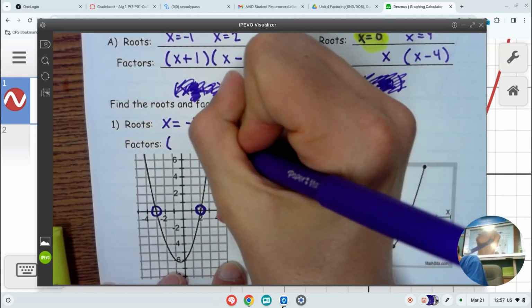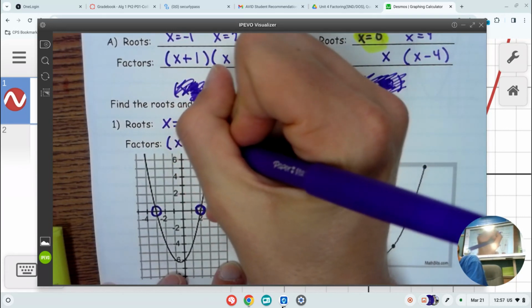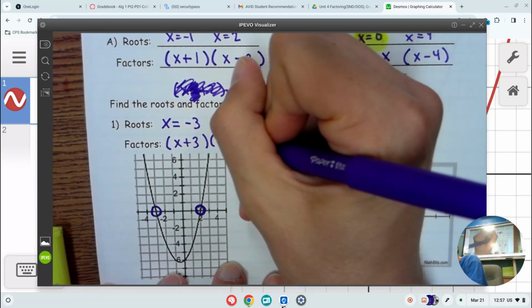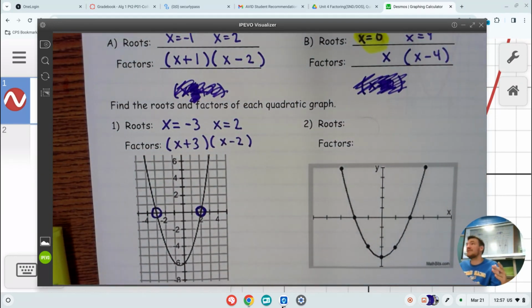Parentheses instead of equal signs, and a -3 changes to a +3, and a positive 2 changes to a -2. And that whole question literally takes 10 seconds, no adding, no subtracting, no multiplying, no dividing, no foiling, no distributing. It's quick, it's easy, roots, factors, that fast.